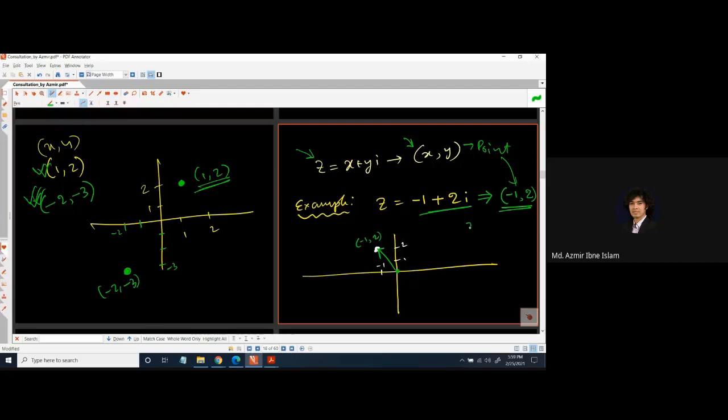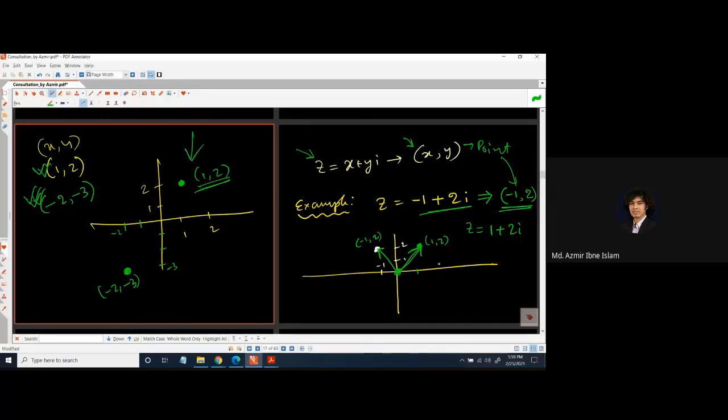Suppose we have z equal to 1 plus 2i. So this is 1 and this is 2. So this is (1, 2). But remember, don't forget to draw a line that is directed from the origin to the main point. So this is the main difference.